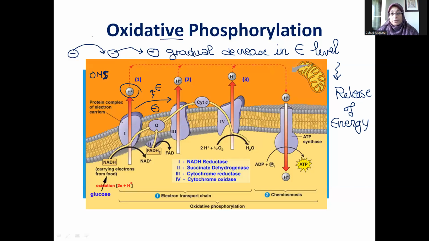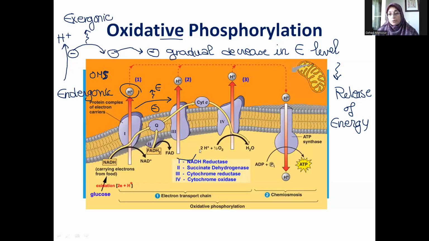So the process of transfer of electrons releases energy and is considered an exergonic process, whereas the process of pumping the protons is an endergonic process because it utilizes energy. And the same is repeated along the electron transfer chain.